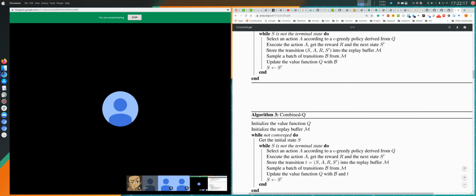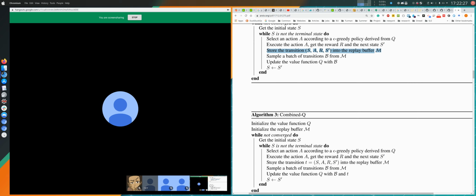Every time you store the transition into the replay buffer, the author does the same, and then uses a batch, that's the same. However, the author uses the batch as well as the transition that just happened. Versus in the original DQN, it just uses the batch and doesn't use the transition that just happened. Does that make sense?